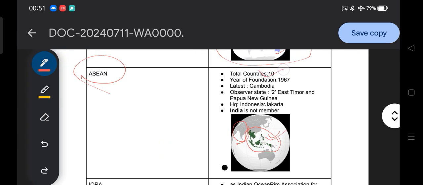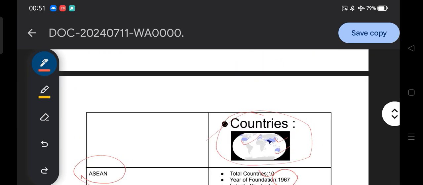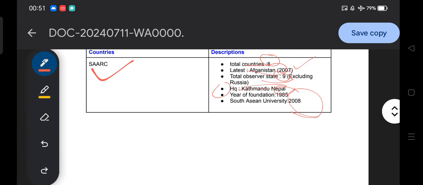So how many countries are there in ASEAN? There are 10 countries in ASEAN, and it is fixed, no one is going to join this organization. The year of foundation of ASEAN is 1967, okay. If someone asks in which year SAARC was founded, what would be your answer? 1985.